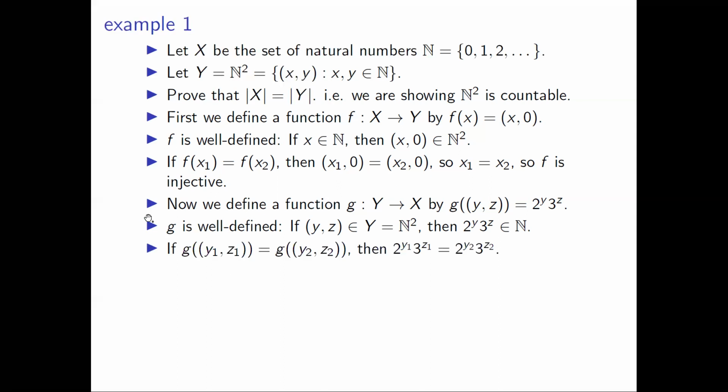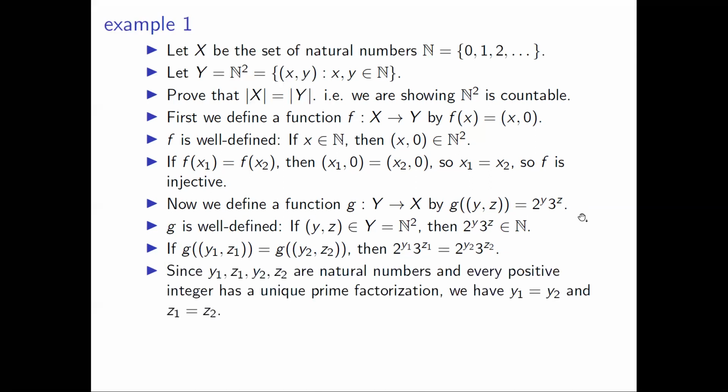Now we can check injectivity. If we have two inputs to our function, we'll call them (y1, z1) and (y2, z2) because our inputs are ordered pairs, and we assume that g of (y1, z1) equals g of (y2, z2). Then by definition of g, we have 2 to the y1, 3 to the z1 equals 2 to the y2, 3 to the z2. And we know that these y1, z1, y2, z2 are natural numbers. We also know this fact.